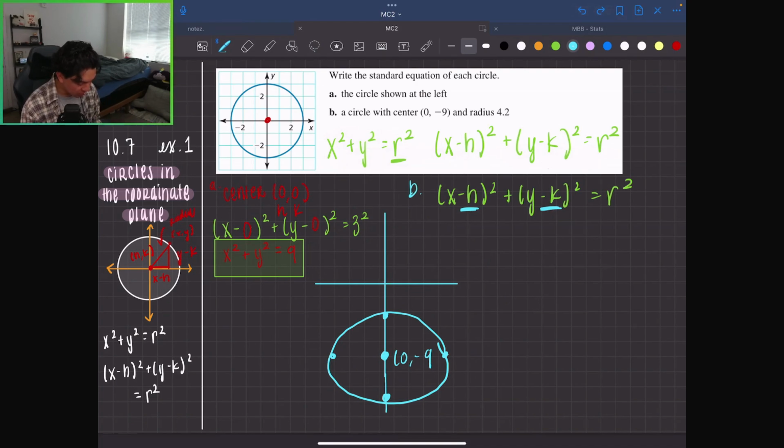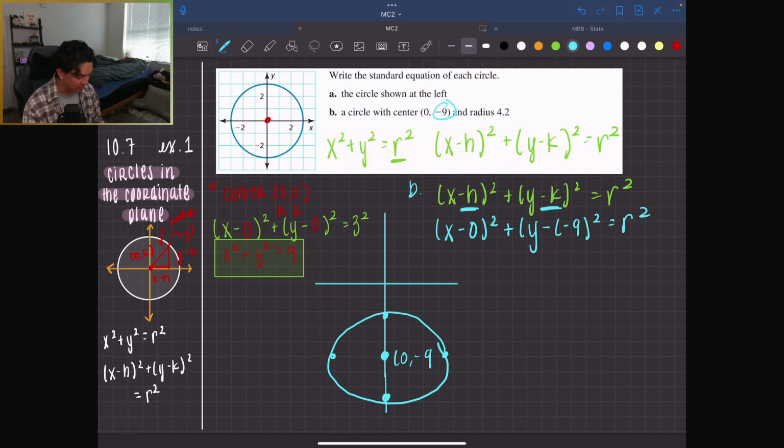Well, horizontally, it doesn't change at all, right? Our x value is still 0 right over here. So we're just going to leave this as x minus 0 squared plus, well, y, if we have a negative 9, that means it's minus a negative 9 squared equals r squared.